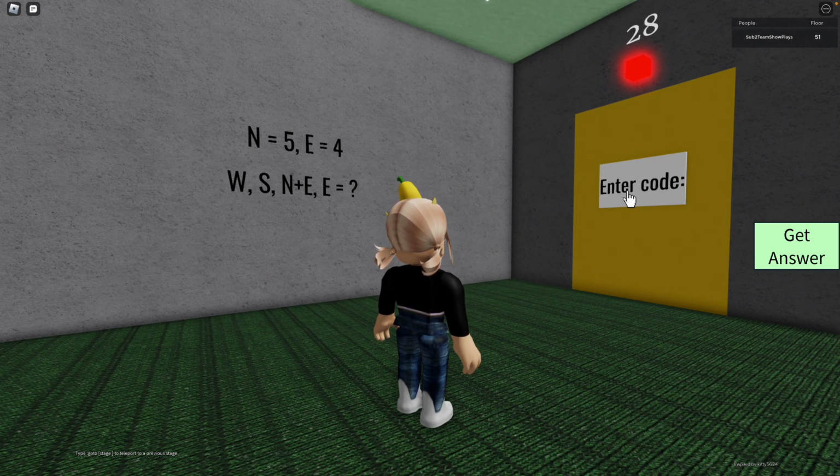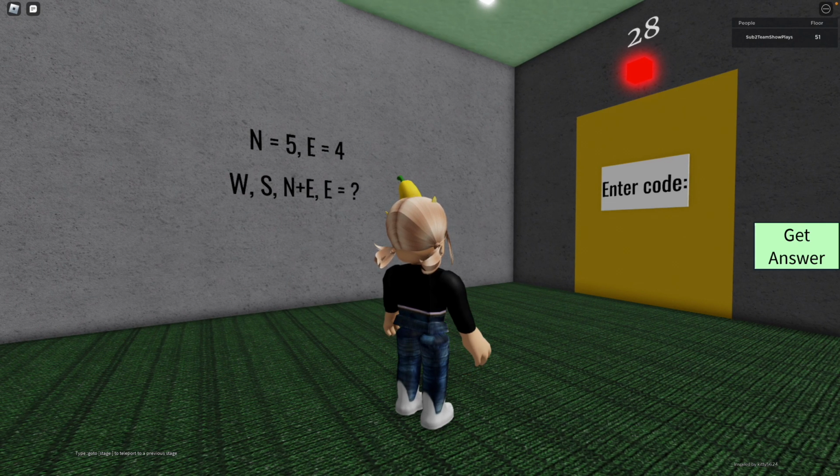So for this one, what are these? These are the coordinates on your map. So north, east, south, and west. So if you ever learned the acronym, never eat soggy waffles. I actually learned it as never eat shredded wheat, either or. It's northeast, southwest are your directions. So if we follow that, the opposite to north is south. So if we were able to keep north and south the same, and then we keep east and west the same, they gave us the answer north is 5, east is 4.